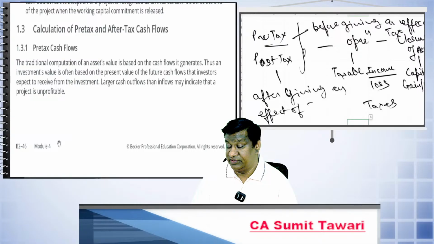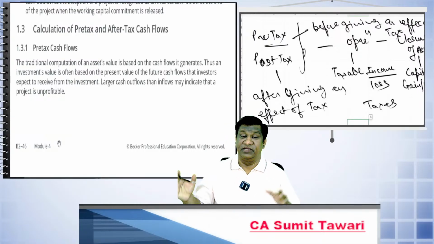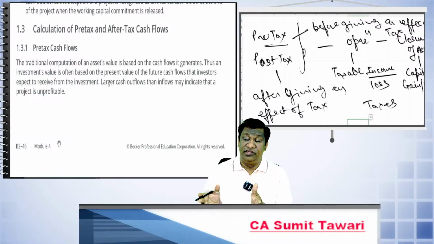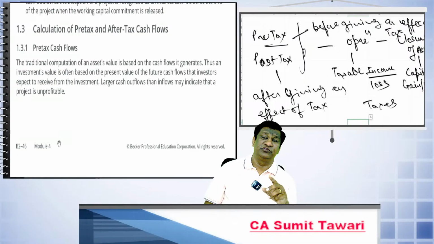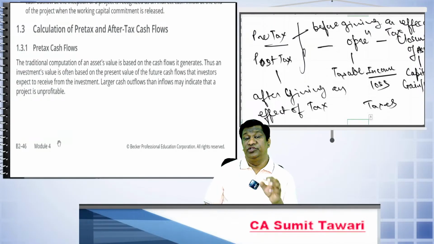That also you keep in mind. Sometimes we give a tax benefit only during the operation phase and we forget or miss the tax impact at the time of closure of the project. So on closure of the project, if you sell the asset, there may be a certain capital gain or capital loss, so you need to consider the tax for that aspect as well.